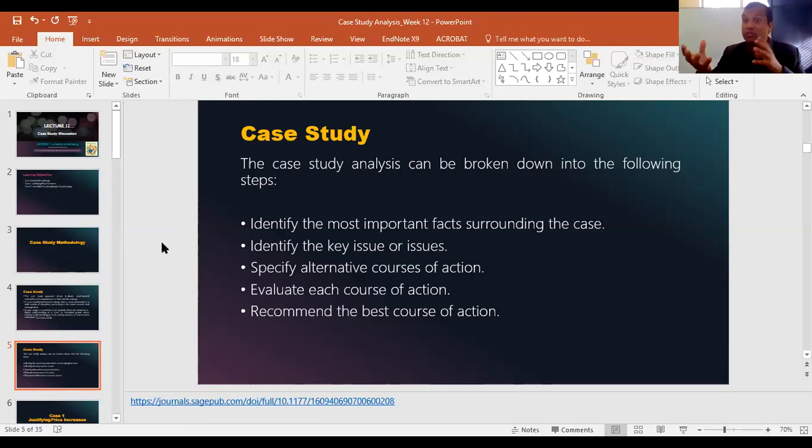You need to evaluate each one, and then based on that come up with the more appropriate alternative, the best suitable action. Once you have that best solution, you need to recommend the best course of action along with the implications. So the standard case study methodology follows these 5 stages.